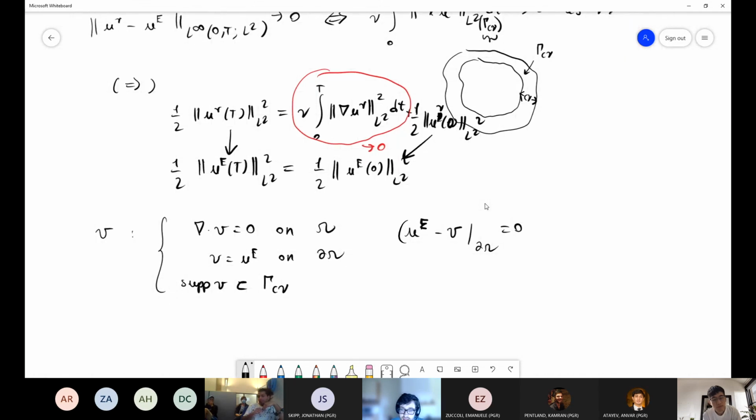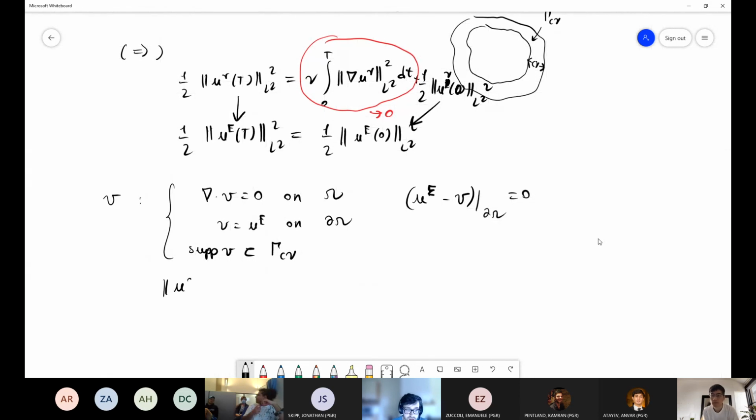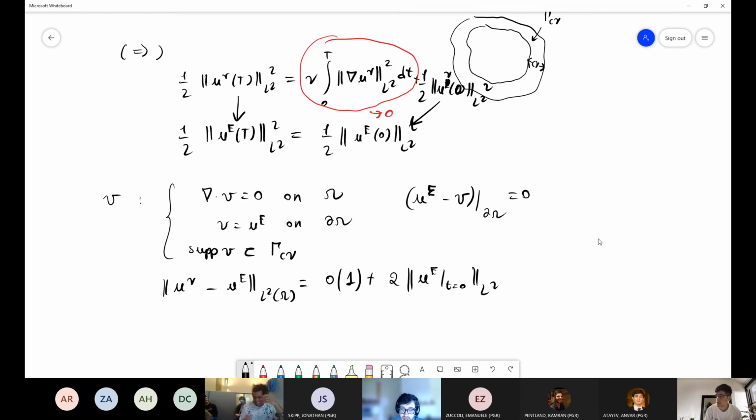So this is the main idea, and then you can test the Navier-Stokes equation. So if you estimate u_ν minus u_E, this will be equal to something that goes to 0 as the viscosity goes to 0, plus 2 times the initial condition of Euler. This is essentially by the energy estimates that I've written above.